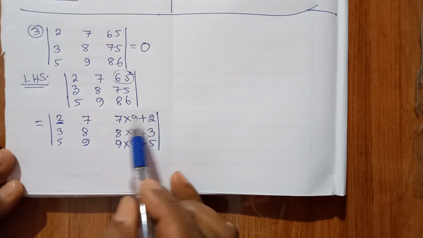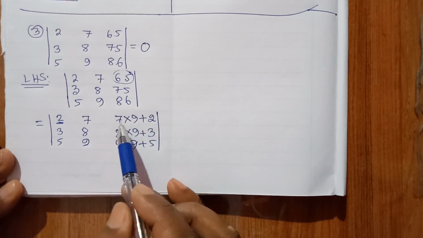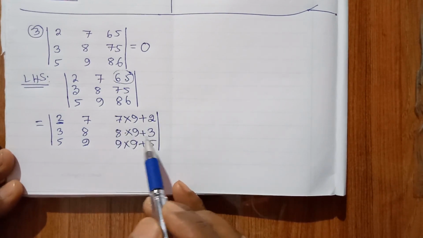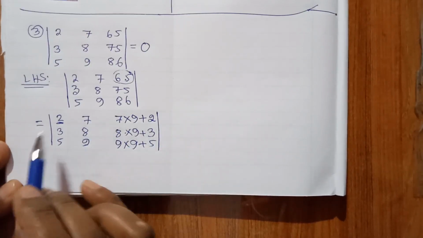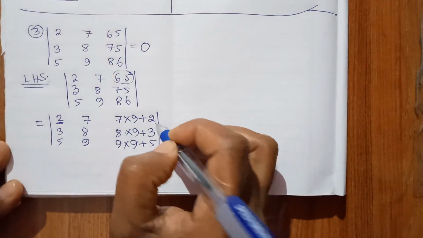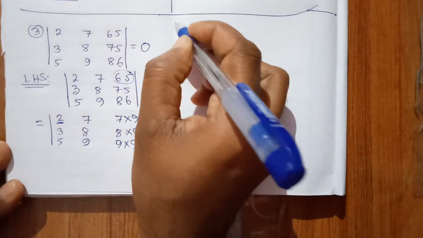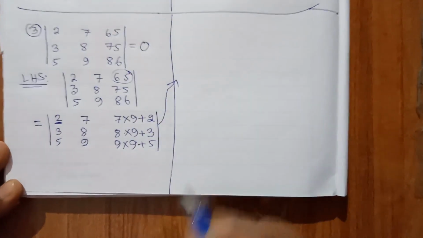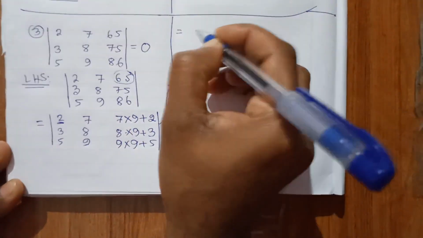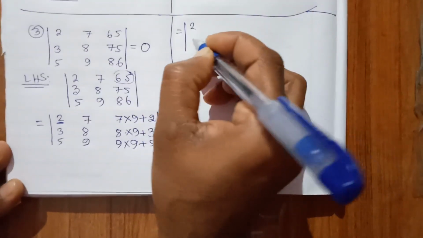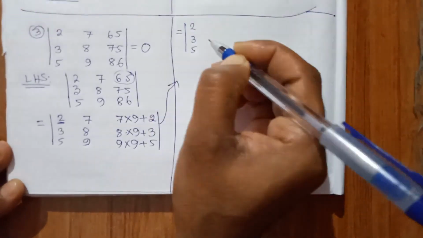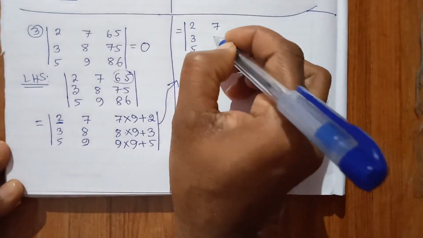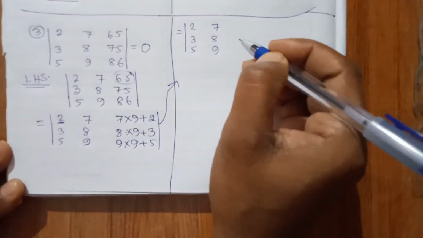Now see here, the third column elements are the sum of two terms. So based on the third column elements, you break this determinant into two parts. I'll show it here. First column will be 2, 3, 5, second column 7, 8, 9.